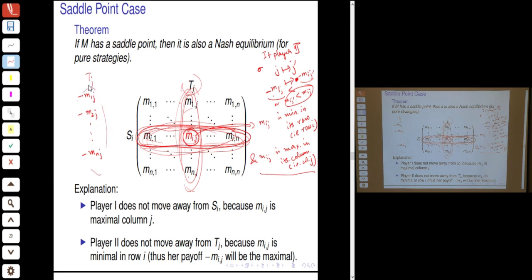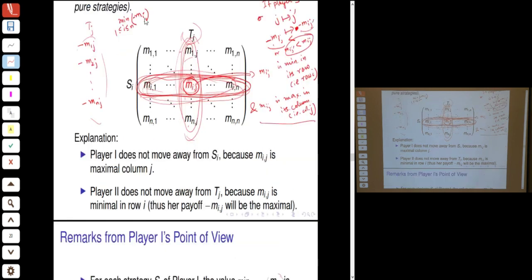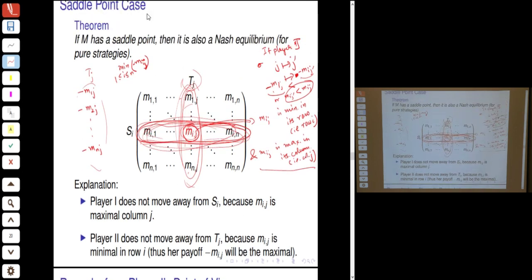And he wants to calculate the minimum guaranteed payoff when he plays strategy j. That should be the minimum over i between 1 and n of minus Mij, right? Minus Mij is the payoff when 2 is playing j and 1 is playing i.